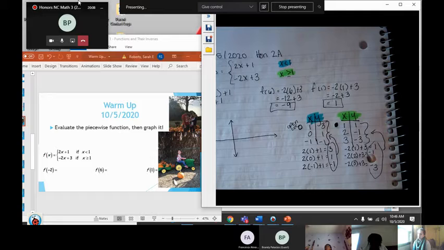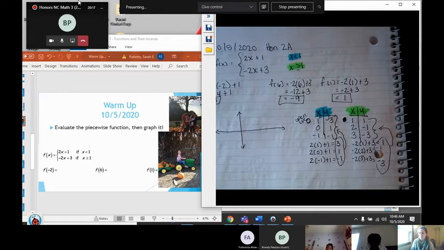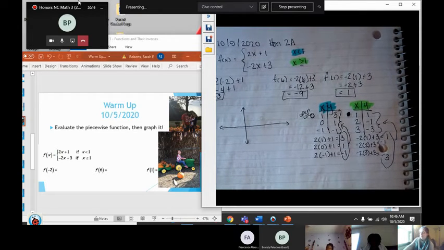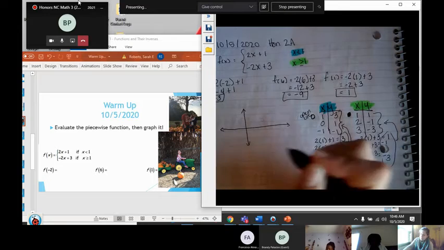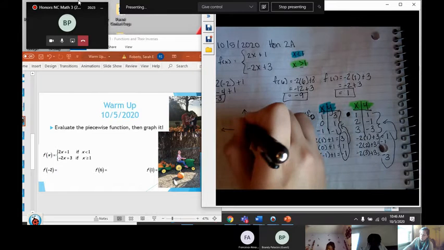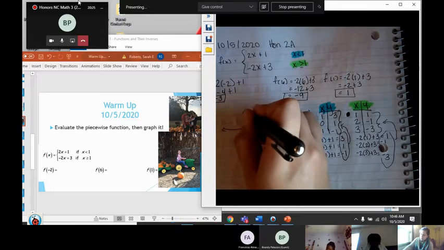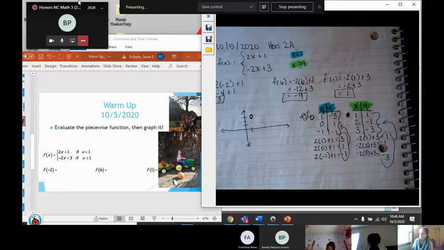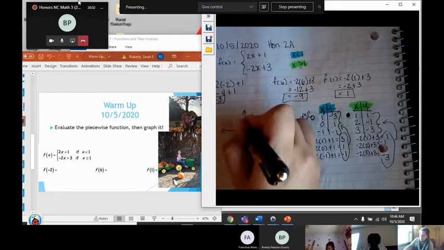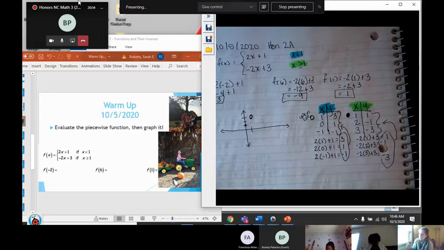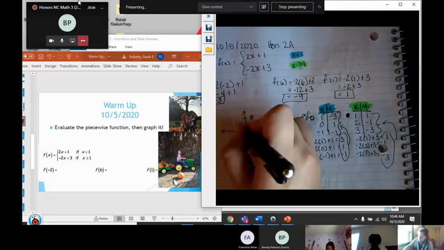Good job, guys. So now we want to plot them. Since it's kind of difficult for somebody to aid in plotting, I'm just going to go ahead and do them. So our blue graph had a point at 1, 1, 2, 3, and it was an open circle. Then we had a point at 0, 1, and we had a point at -1, -1.